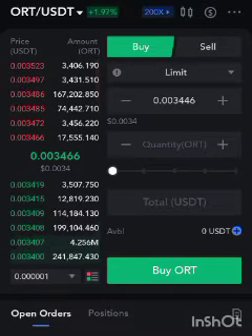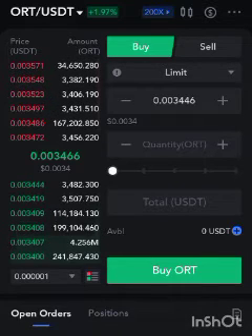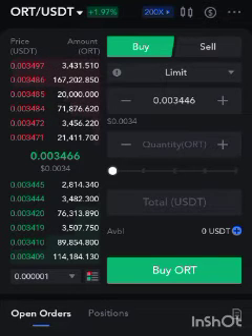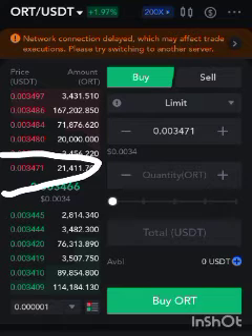Assuming we want to get our orders executed instantly, it means we'll be buying at the buy stop side. So now let's assume we have $100, and we put it at this particular market price, which is 0.003471.